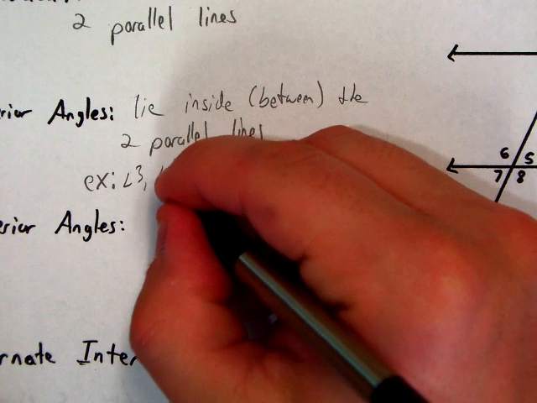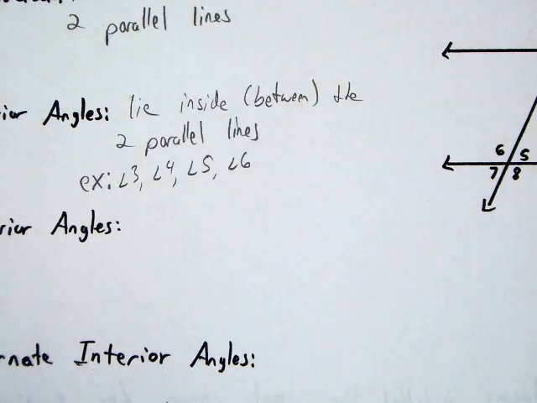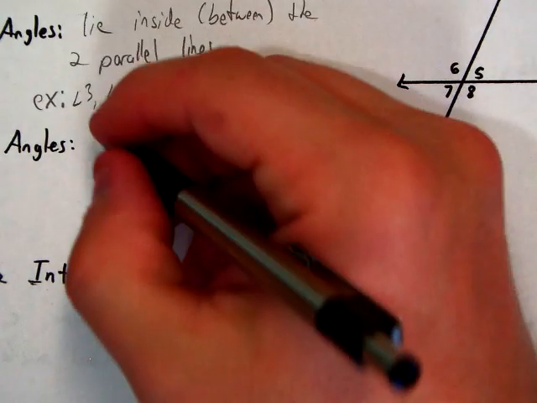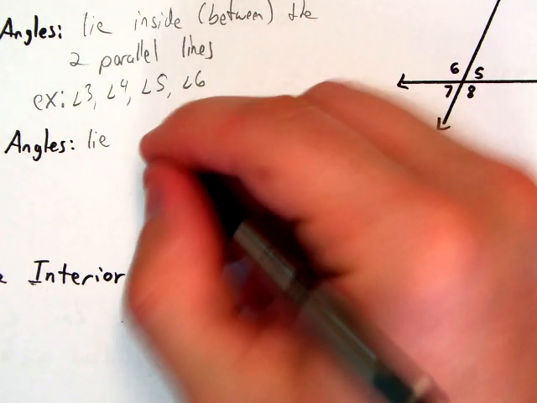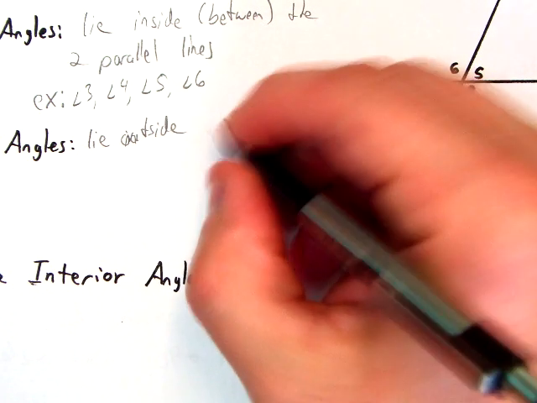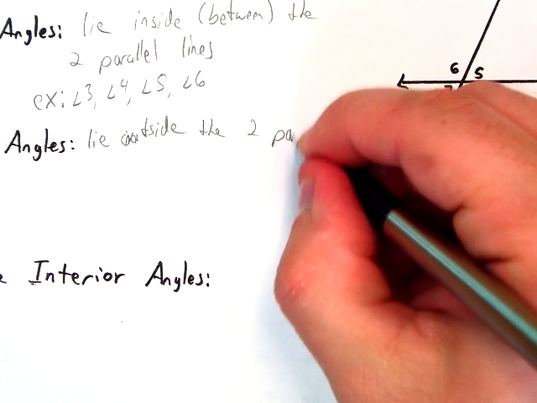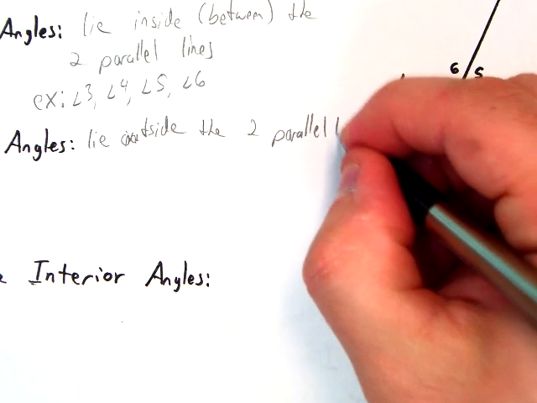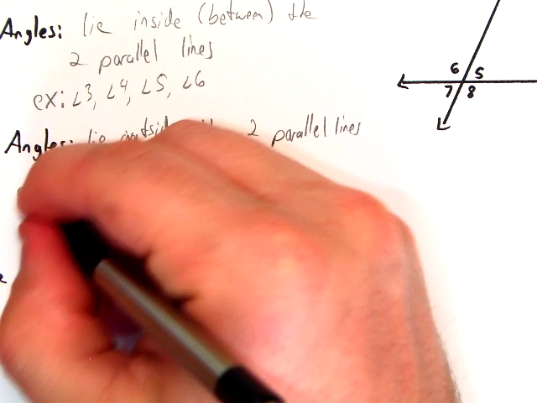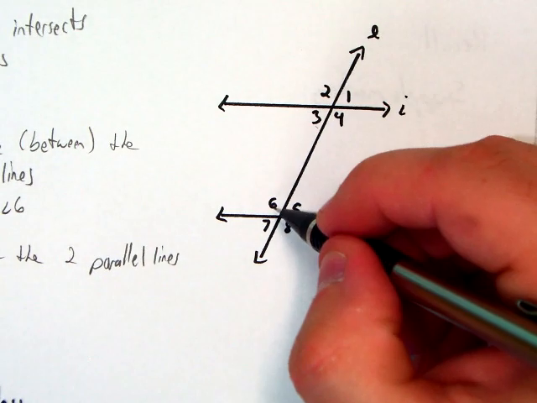So angle 3, angle 4, angle 5, angle 6. Now, exterior angles are the exact same thing. The only difference is they lie outside the two parallel lines. Examples of those would then be 1, 2, 7, and 8.